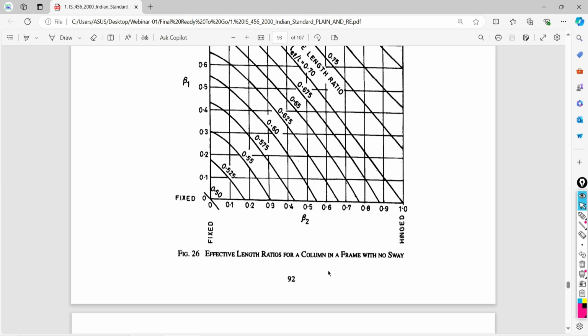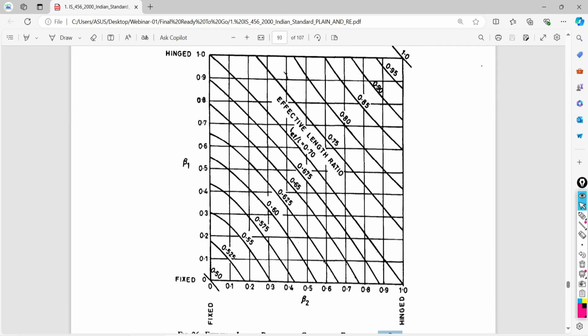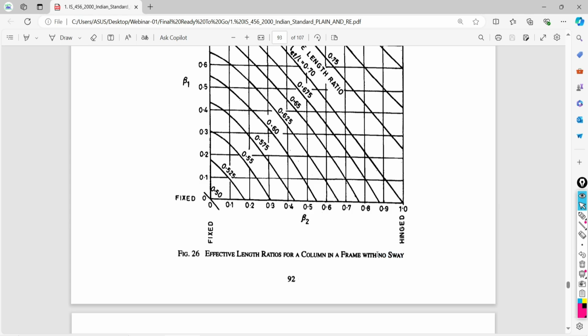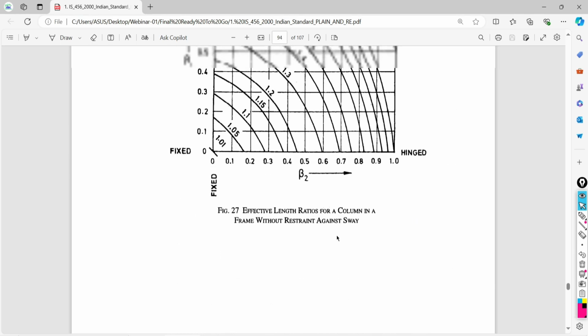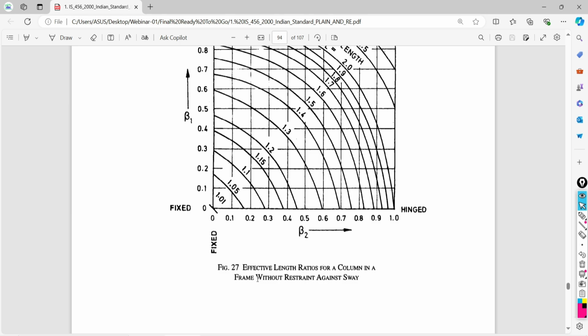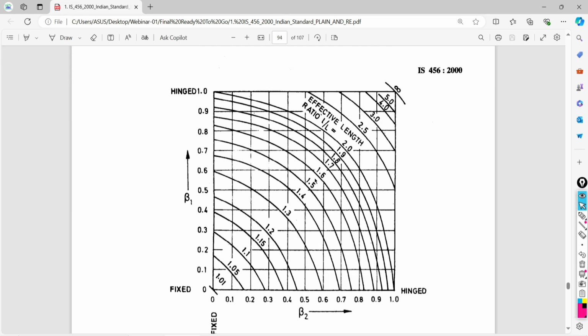The first chart is for the no-sway condition, meaning a restrained frame. The second chart is for without restraint against sway, meaning it allows for sway. So one chart is for the sway condition and one is for the non-sway condition, meaning it is restrained against deformation.